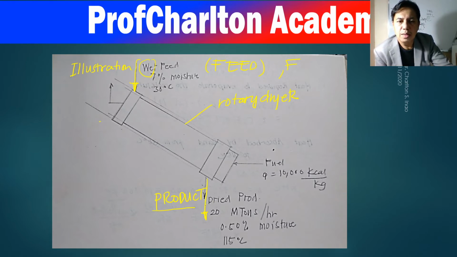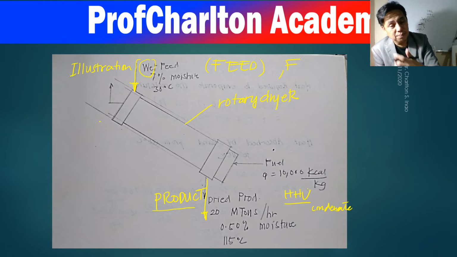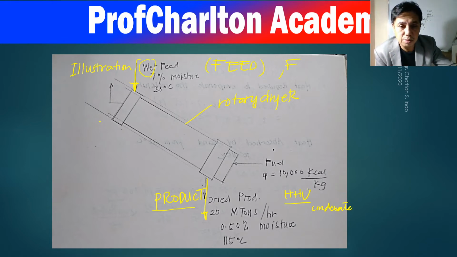Now there is fuel. There's a fuel here, with the higher heating value, which is based on the condensate or water form after the combustion, as compared to the lower heating value, which is based on the steam or gaseous state of the water as the product of combustion.